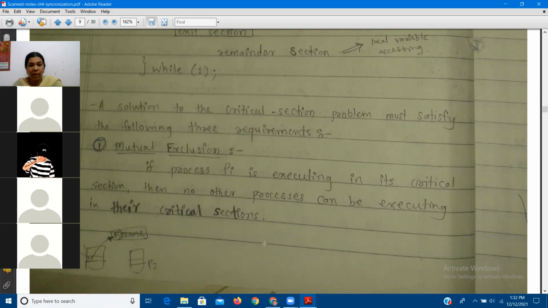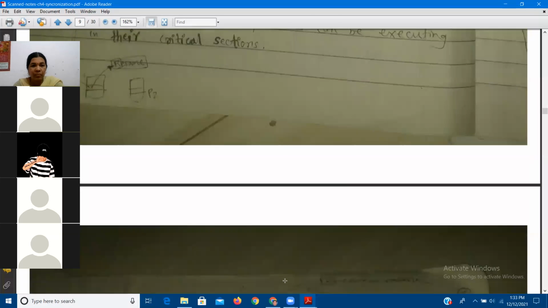Once roll number 1's use is over, roll number 1 will execute the exit section, and then roll number 2 is able to enter its critical section, and so on, depending upon the order in which we want to execute the processes. So this is mutual exclusion. They need to mutually exclude each other when one is using that resource. This is the first condition that should be satisfied by the solution.